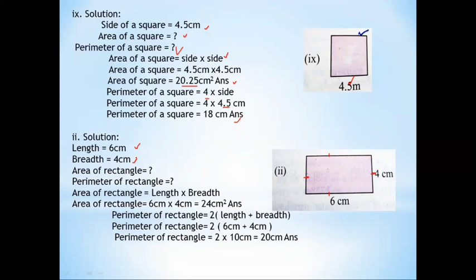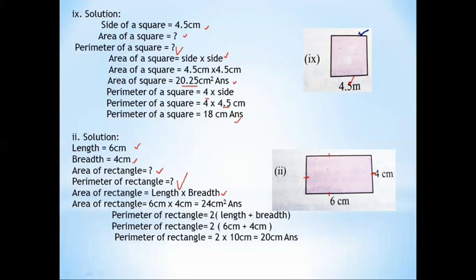Now here we have to find the area of the rectangle and the perimeter of the rectangle. First we will find the area of the rectangle. That is equal to length multiplied by breadth.